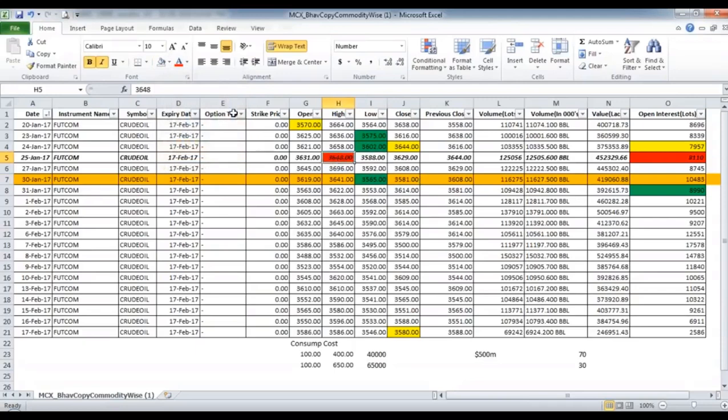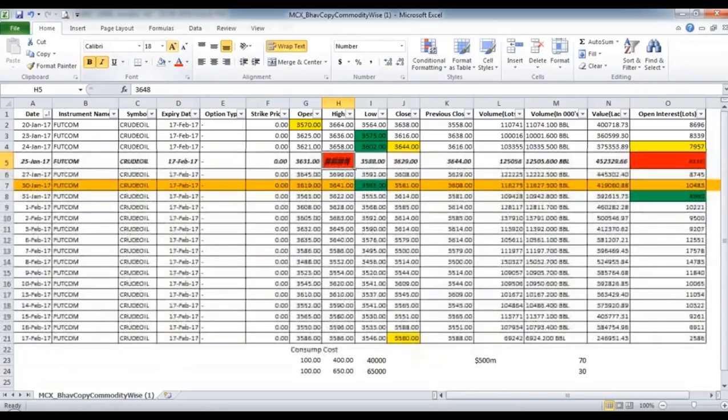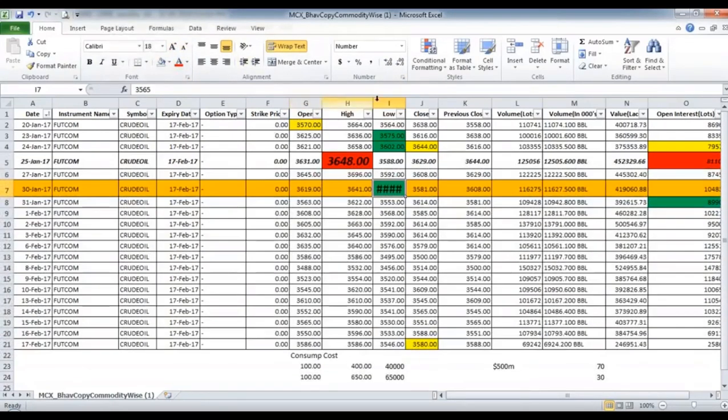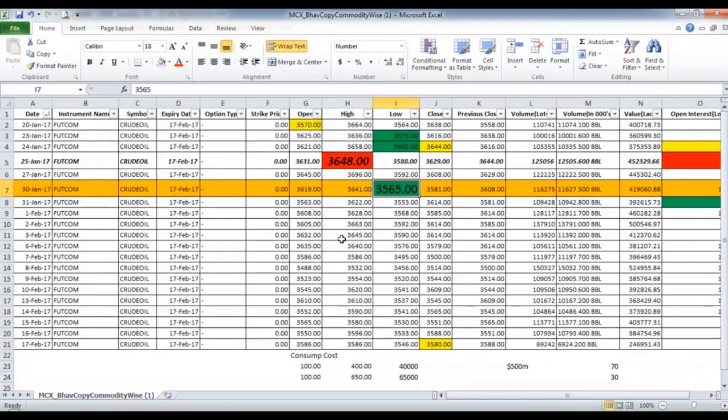Okay. So this is the resistance. Will you agree? And this is the support by reading of the data. So here is the support and here is the resistance. Do you agree? And it was formed on this day when it reversed back and it closed up, right?